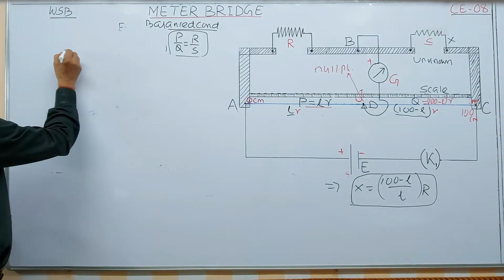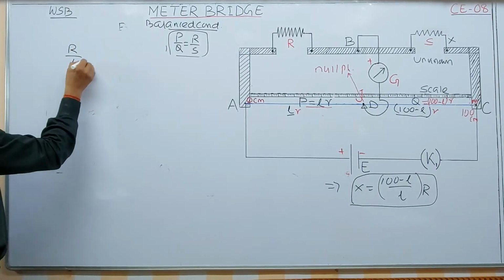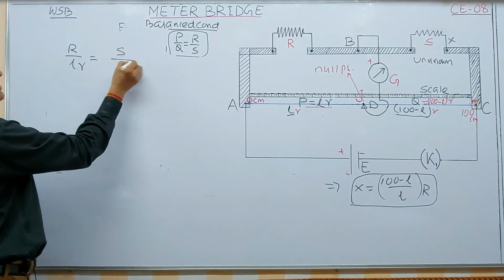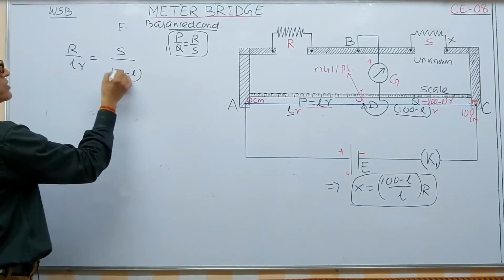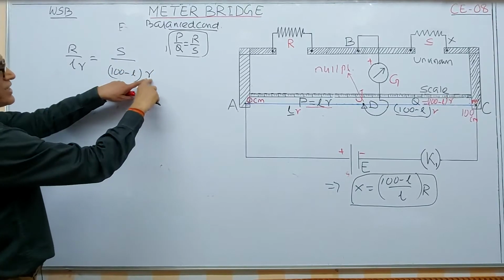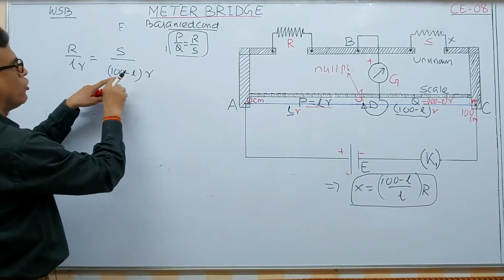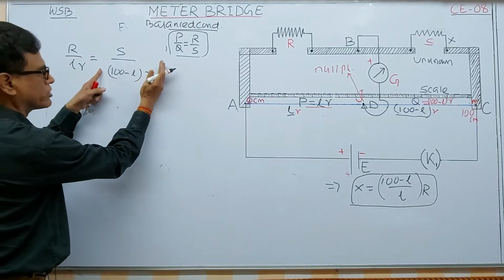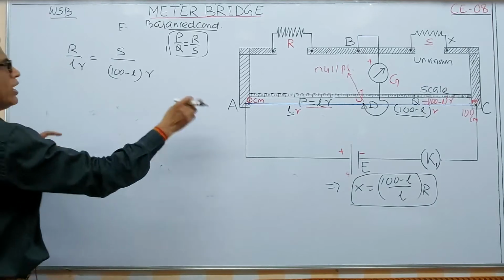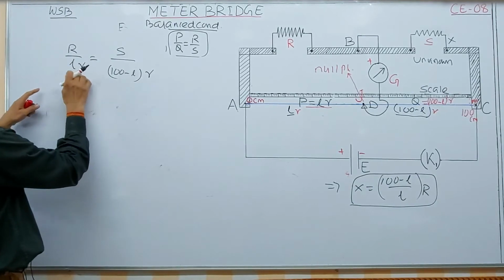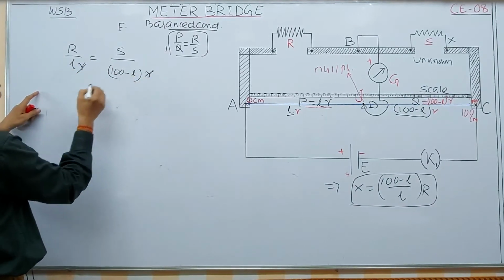R by L is equal to S by 100 minus L into R. It is the resistance per unit length. Per unit length the resistance is R. For 100 minus L length the resistance is 100 minus L into R. Now for L length the resistance is L into R. R will be cancelled out.